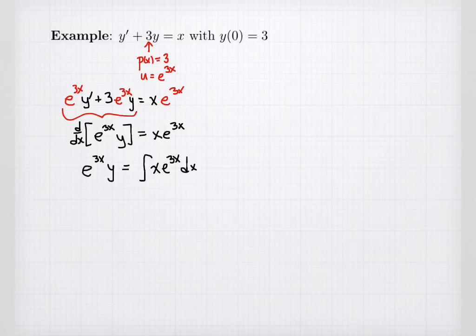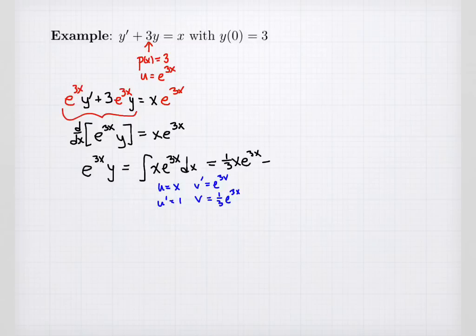So let's see. If I do integration by parts, u equals x, v prime equals e to the 3x. So v is 1/3 e to the 3x. u prime is 1. And so this integral is uv, so 1/3 x e to the 3x minus v du.